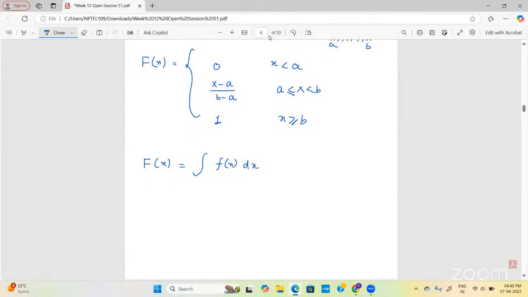If I write it generally, F(x) is the probability that X takes a value less than or equal to x.